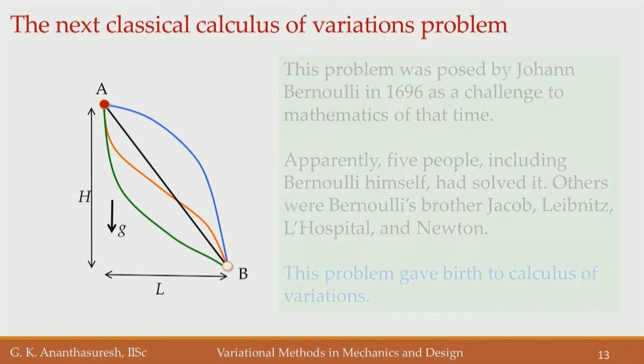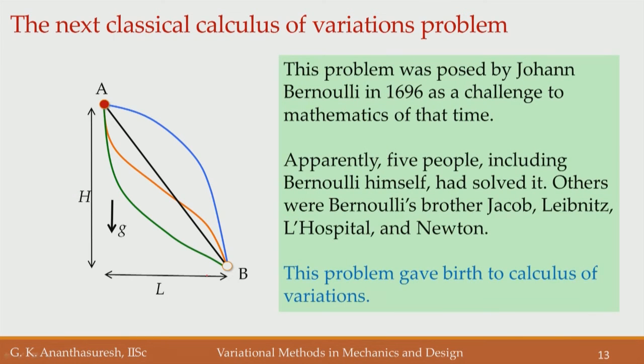Okay. So, here we have to note some historical details. One is that this problem was posed by Johann Bernoulli. There are 4 different Bernoullis, this is one of them.